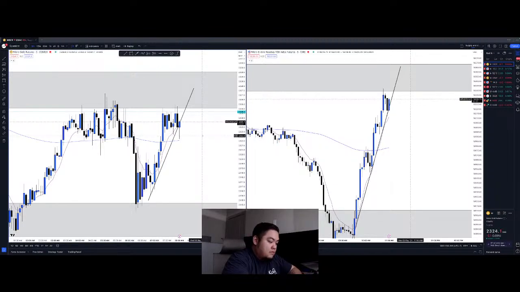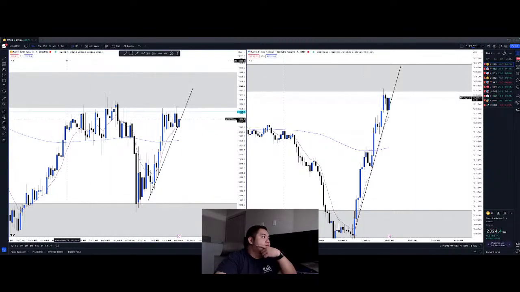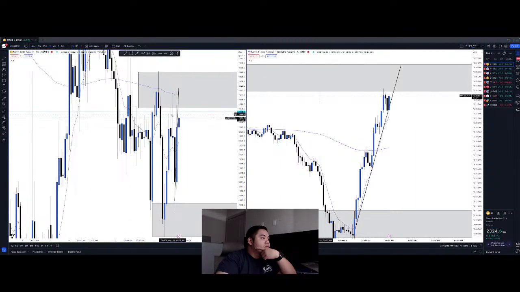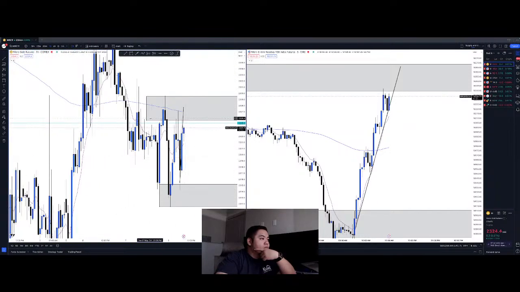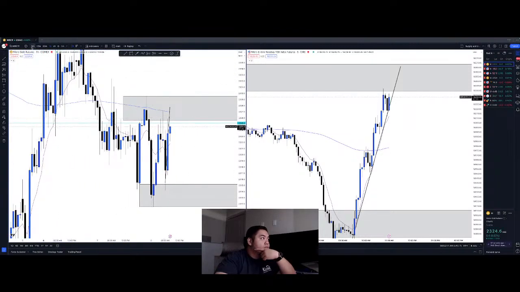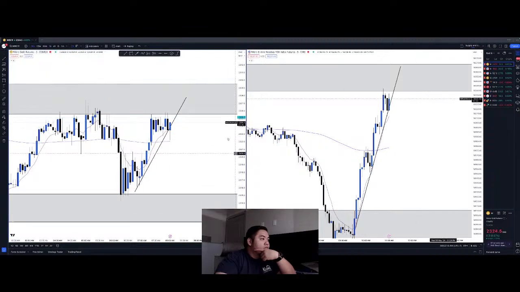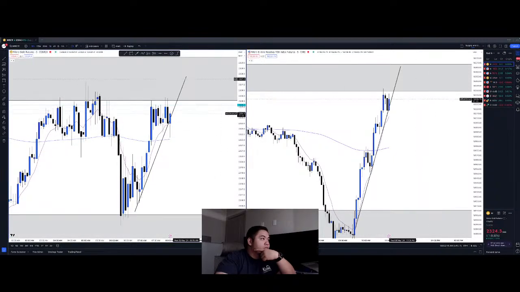I'd love to see a rejection on this candle. Show me the rejection. Dang. Gold, you playing with me today. It's pretty crazy movement.